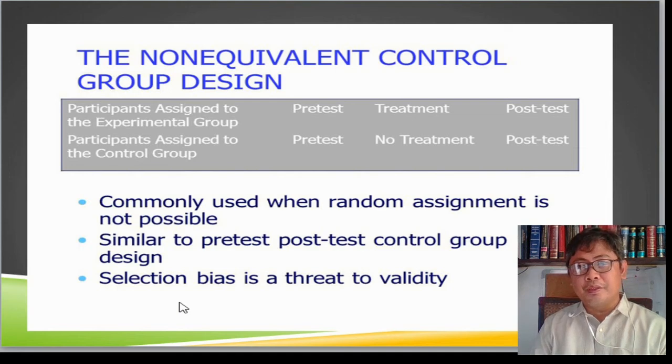It is similar to the pretest post-test control group design, as with a pre-experimental design. And selection bias is a threat to validity. Non-equivalent control group design refers to a chance failure of random assignment to equalize the conditions, converting a true experiment into this kind of design for purpose of analysis.